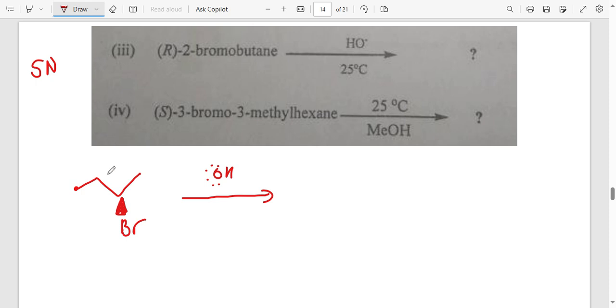Why? When this bromine leaves, it is going to form a carbocation intermediate. Depending on the solution that we are using, this solution can actually stabilize the carbocation intermediate. So the reaction will not prefer going by SN1 if the solution we are using is aprotic.